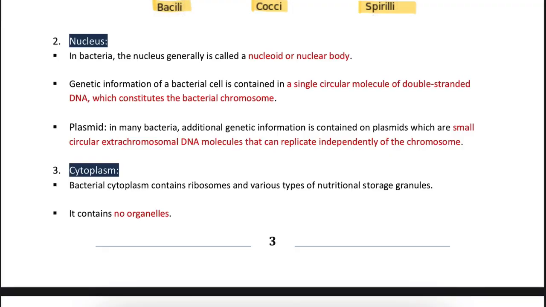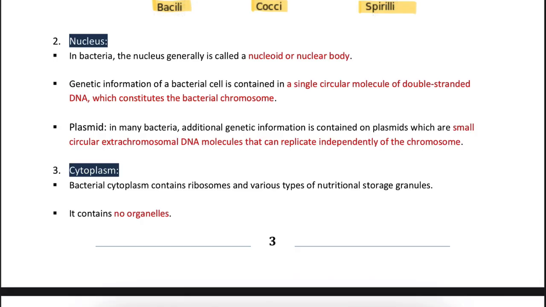So what is the nucleus? Bacteria don't have a true nucleus, they have a nucleoid containing a single circular double stranded DNA molecule, the bacterial chromosome. Okay, plasmids are extra chromosomal circular DNA that can replicate independently, often carrying antibiotic resistance genes or virulence factors.